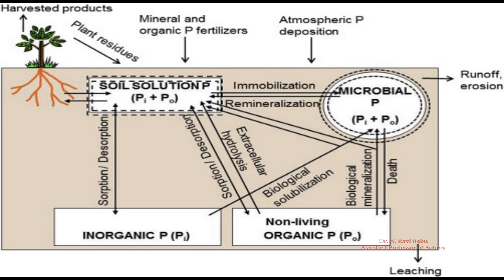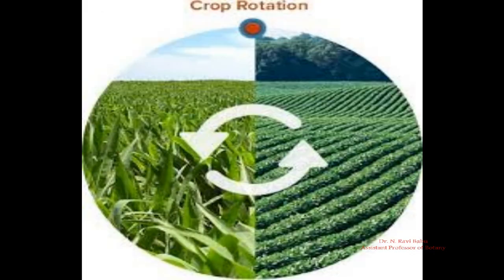And now, rotation of crops. Friends, I think you all know well what is rotation of crops. But even then, I'll try to give a small explanation. Here, friends, rotation of perennial crops and leguminous plants alternating with cash crops controls soil erosion.